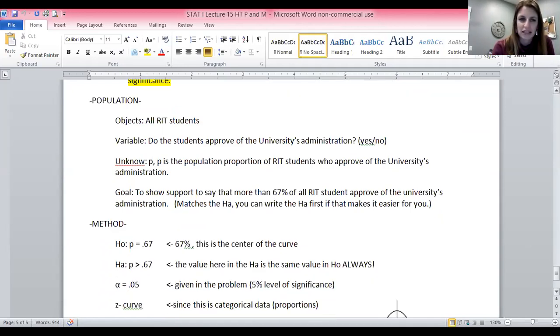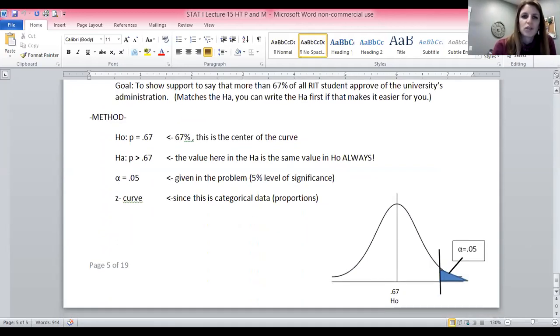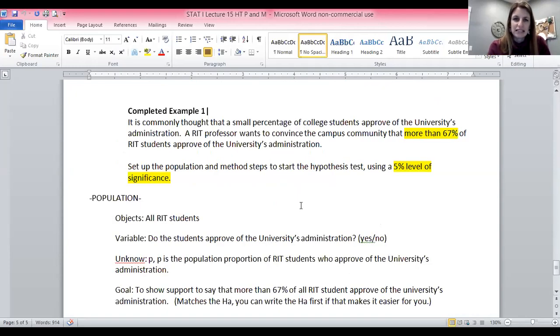Let's jump to the method step, okay? So my method step here, I have my null I need to define, my HA, my alpha, and my curve. I'm going to start with the HA first because that's what I have. So if you go back up to the problem, it says that a professor wants to convince the community that it's more than 67% approved.